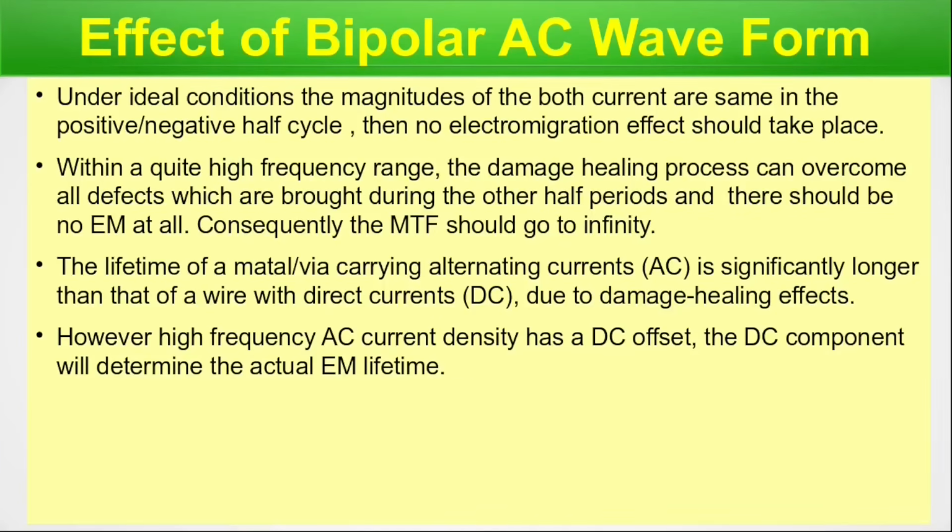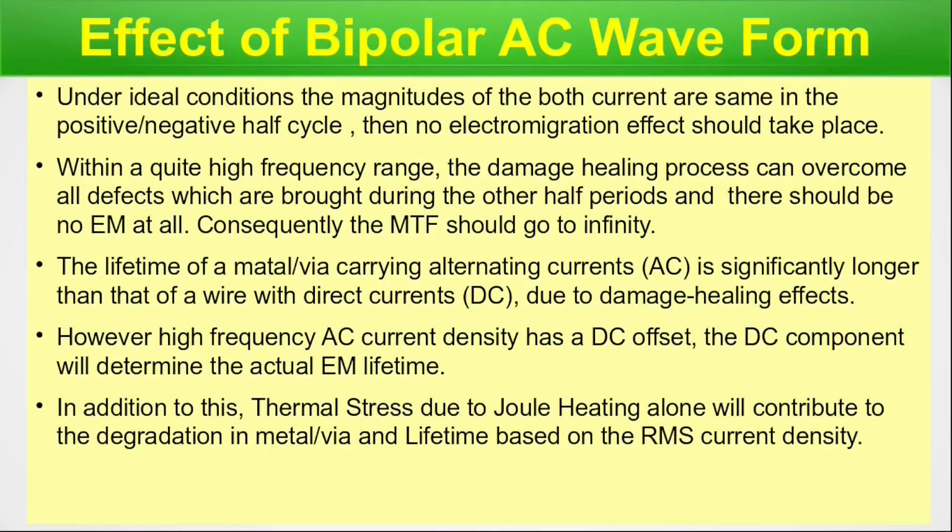However, in high frequency AC, the current density has a DC offset. The DC component will determine the actual EM lifetime. In addition to this, the thermal stress due to Joule heating alone will contribute to the degradation in the metal or via lifetime based on the RMS current density.